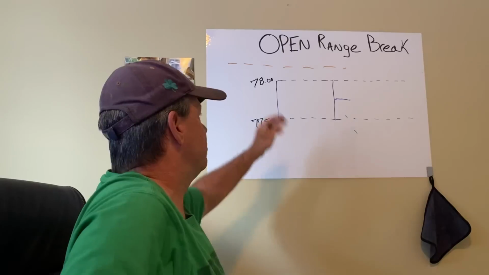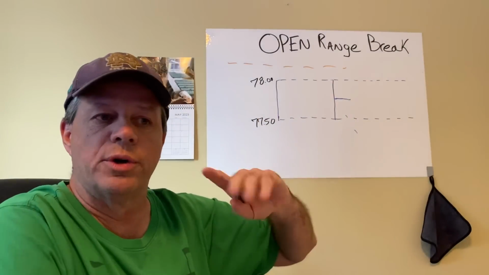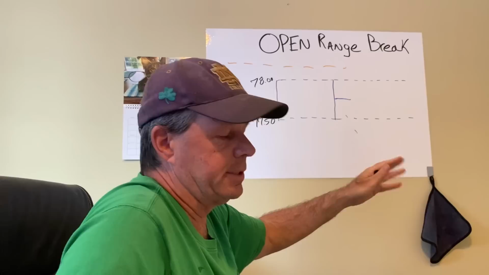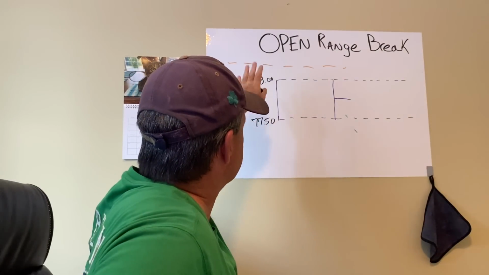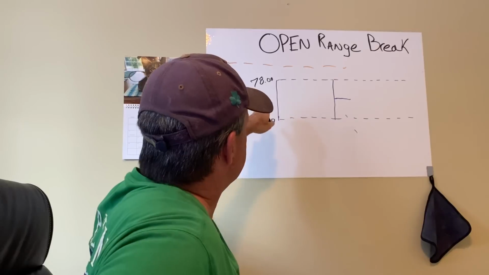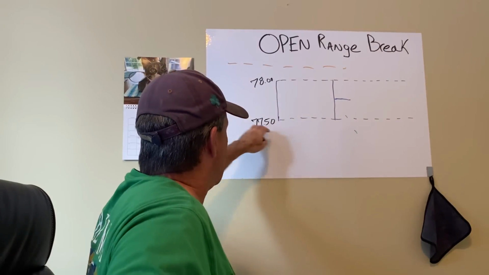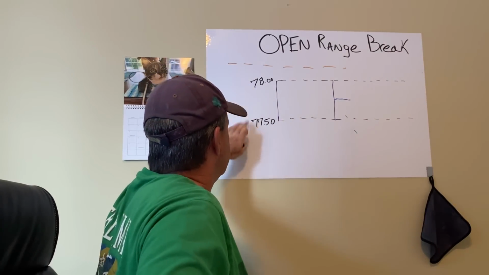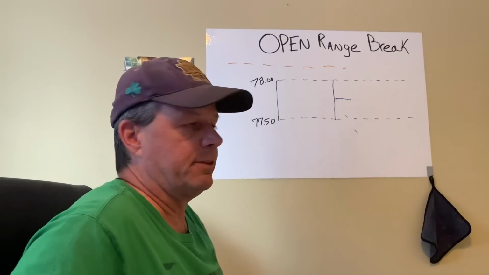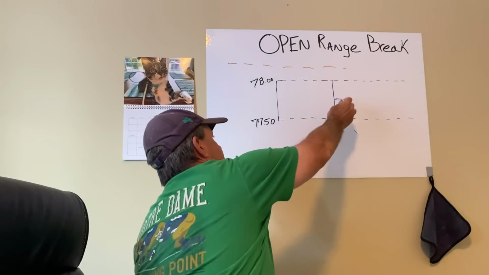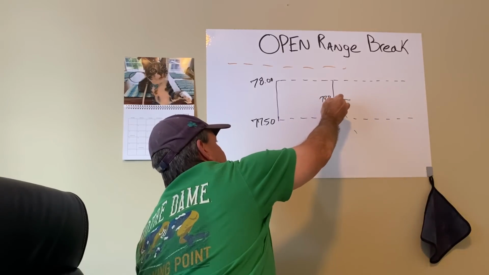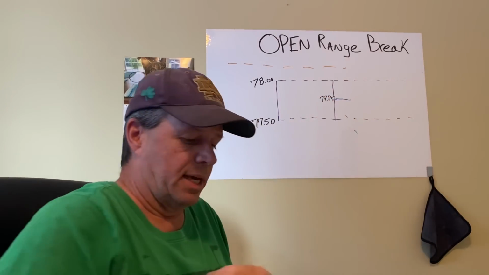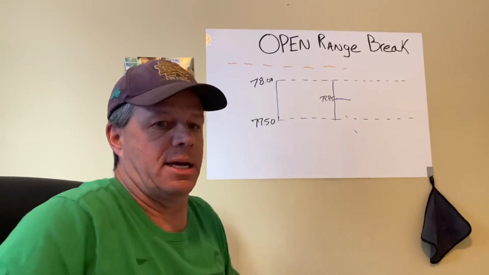For the first 15 minutes of oil, which is 9 o'clock in the morning to 9:15, it only went 50 ticks, from the high of 78 to the low of 77.50. Then your middle is 77.75. Okay? Now, here's what I do. I'm going to tell you exactly how I trade this.